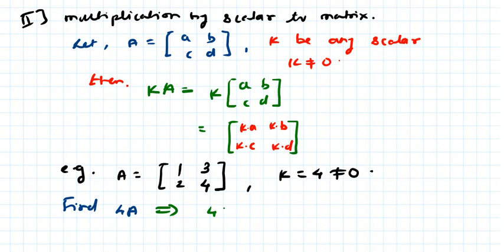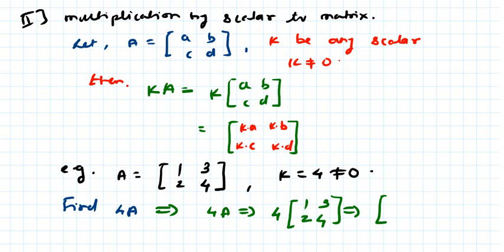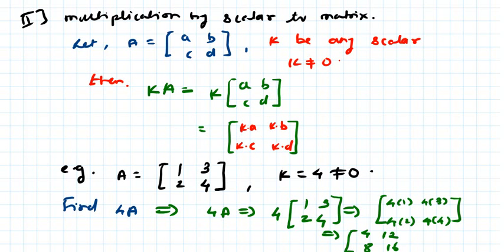I will multiply this matrix A 1, 2, 3, 4 by this 4. So what will I get? Every element of the matrix will get multiplied by 4. So 4 into 1, 4 into 3, 4 into 2, 4 into 4. Okay, so this will be equal to 4 into 1, 4. This will be 12. This will be 8. This will be 16. Okay, so this will be your answer.